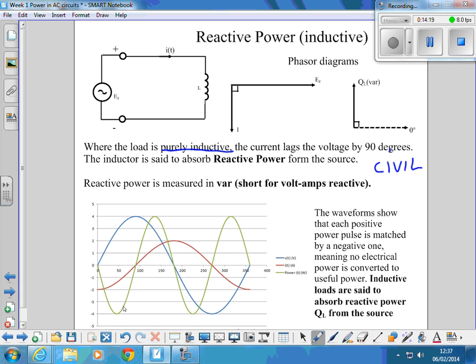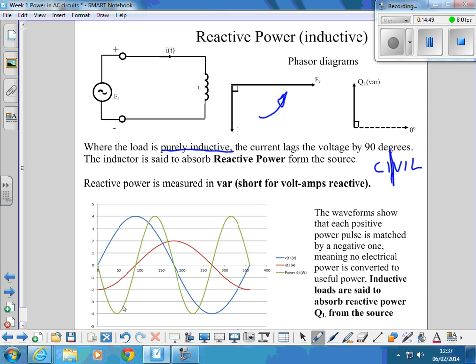In an inductive circuit, current is after or lags the voltage. We always talk about these phasors rotating in an anti-clockwise direction, therefore the current is behind the voltage here. Or we could equally say the voltage is leading the current. So current lagging voltage or voltage leading current is correct for that circuit.